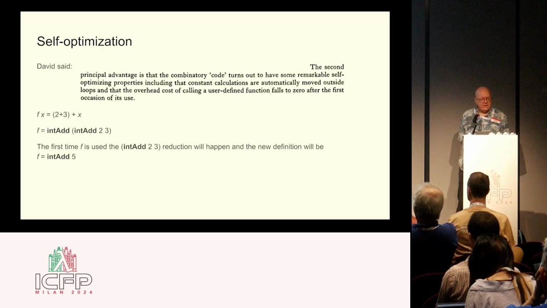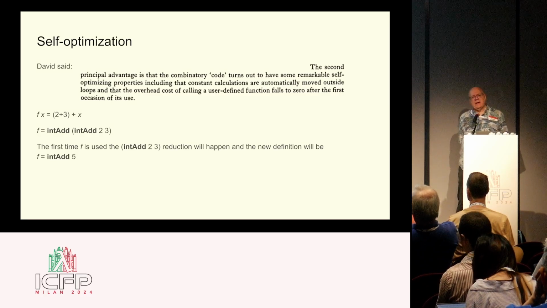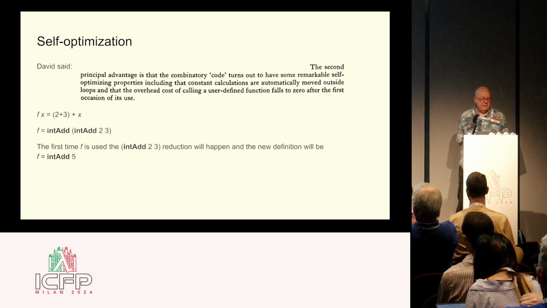So if you see that function f of x is equal to 2 plus 3 plus x, you might think, okay, well, an optimizing compiler should do that 2 plus 3 at compile time, do the constant folding. But there's no need with combinators. You produce this little graph, int add with int add 2 and 3.